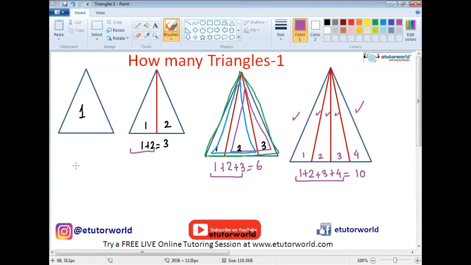So the total number of triangles is given by n times n plus 1 divided by 2, where n is the number of smaller triangles that are formed inside.